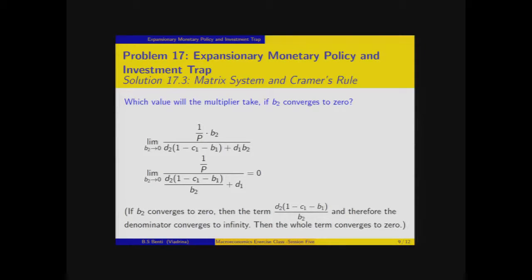So this is why we are saying if B2 converges to 0, then the term D2 multiplied by 1 minus C1 minus B1 divided by B2 also converges to infinity. Then the whole term converges to 0, because the whole term which is converging to infinity appears in the denominator.